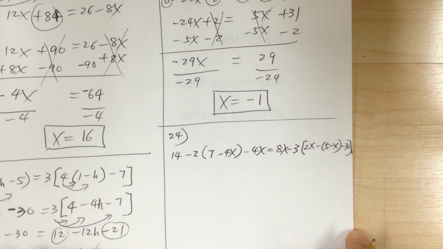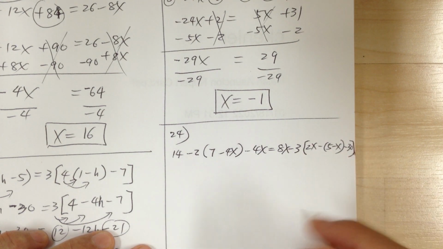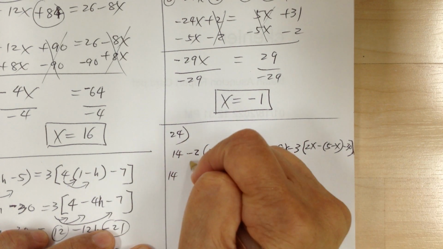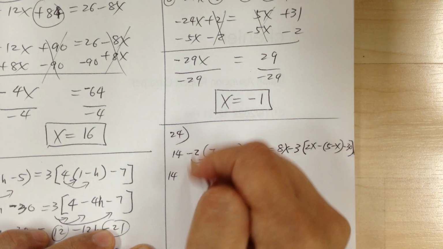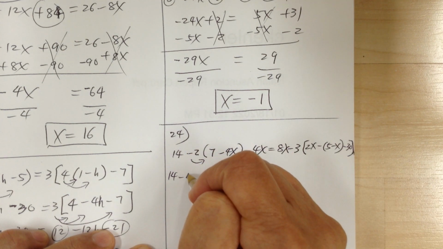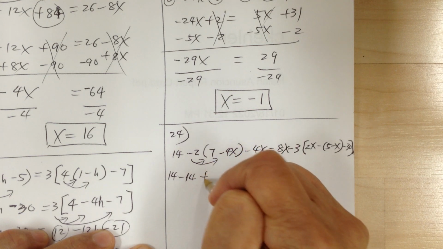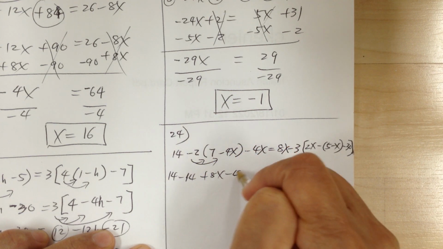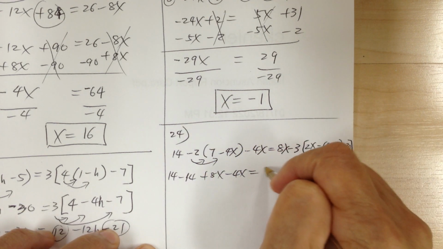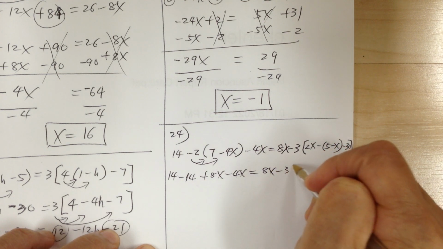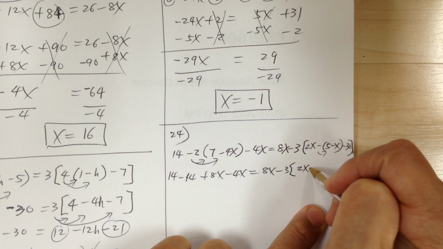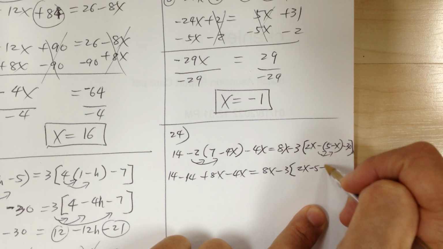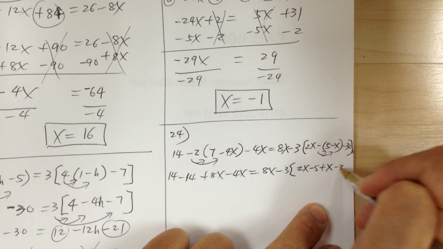Okay, so again, first let's distribute. You got 14. I'm going to shift that over because I'm running out of room on this side. So minus 14 plus 8x minus 4x equal to 8x minus 3, 2x. Distribute this would be minus 5 plus x minus 30.